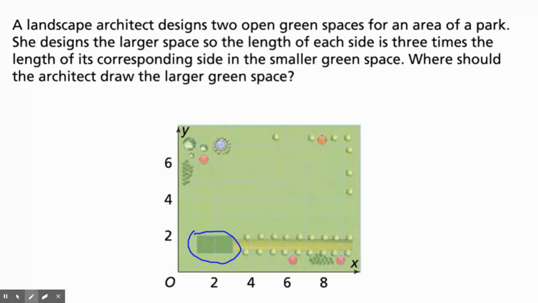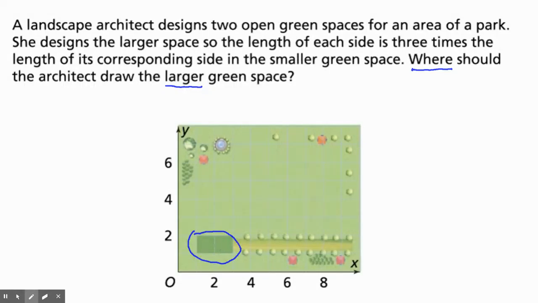So the first thing, we need to see how large this is actually going to be. When we talked about scale factor, we looked at the side lengths of the smaller one, how much space it took up, and we multiplied by our scale factor to make it larger.